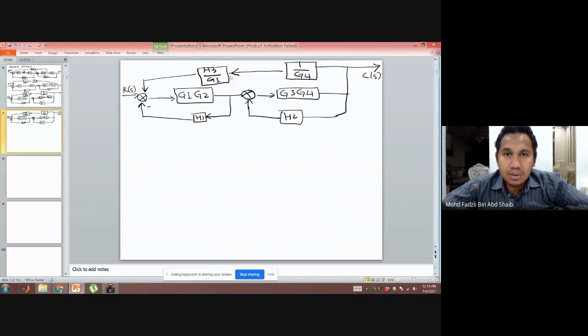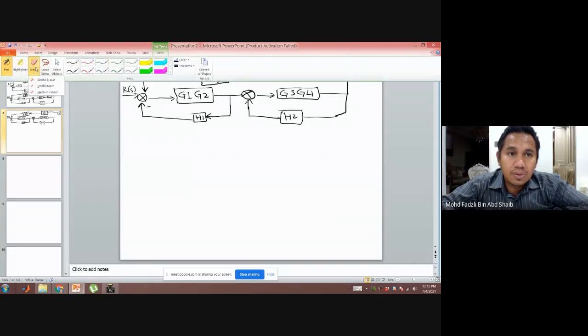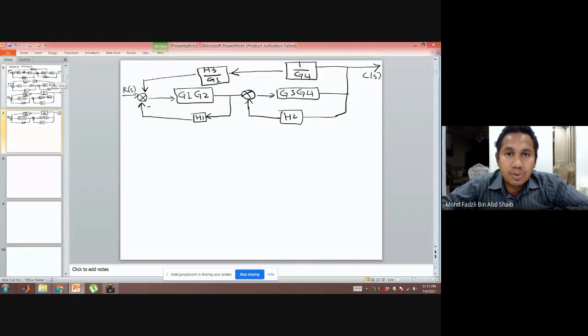So the top one we need to combine, right? H3 over G1, G4, right? This one. So H3 over G1 times G4.